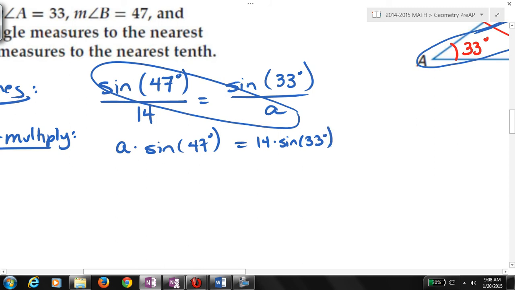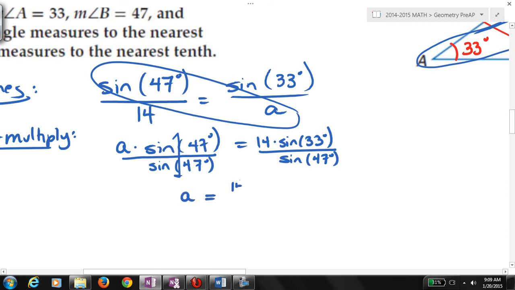On this example, I want to solve for A, so I need to get rid of this times sine of 47. And the inverse of multiplication is going to be division. So I have to divide by whatever it was that I was multiplying. So I have to divide both sides to maintain equality. That way this divides out to 1, and I have 1 times A, which is A.